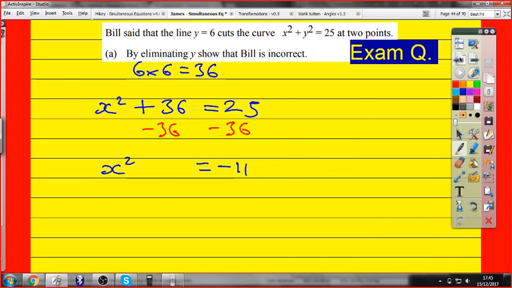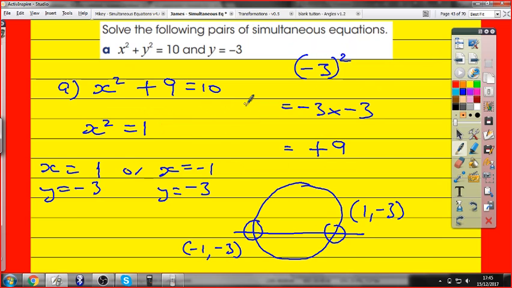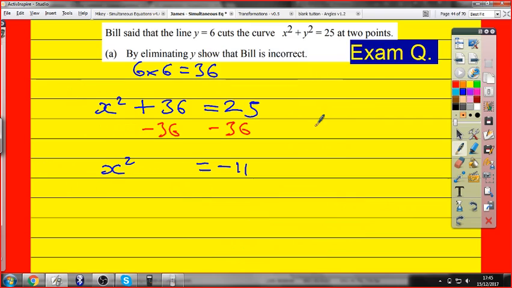You're thinking of times 2. This squared is times itself. Why did we get plus 9 for the minus 3 squared? Because minus 3 times minus 3 equals plus 9. Oh, is it positive then?